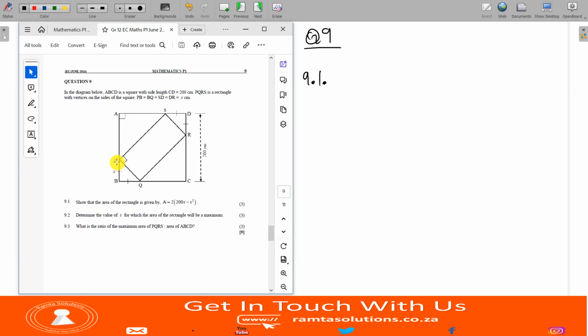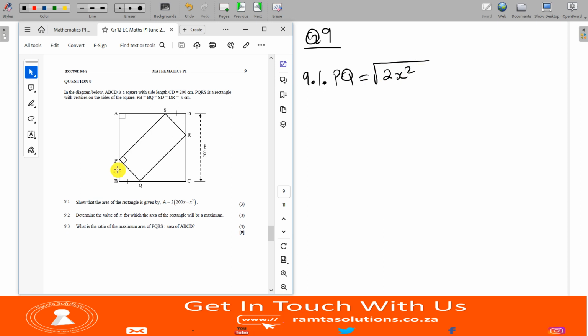When you look at this triangle PBQ, basically, we can find PQ. PQ is supposed to be the square root of 2x squared. Is it 2x squared? Yes, I think so. And I will leave it here.